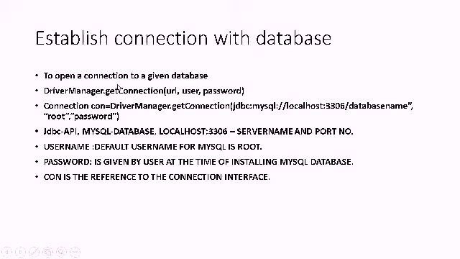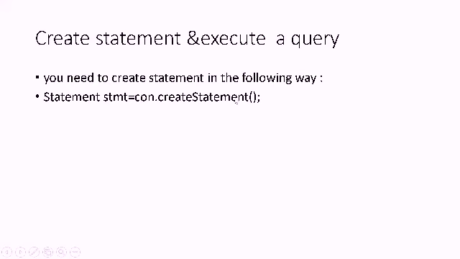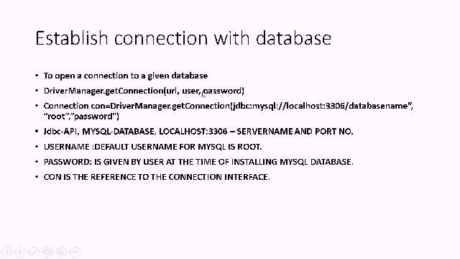This con is the reference to the Connection interface. So in order to establish the connection, we write Connection con = DriverManager.getConnection, in the brackets jdbc:mysql://localhost:3306/database name, and here double quotes should be mentioned.